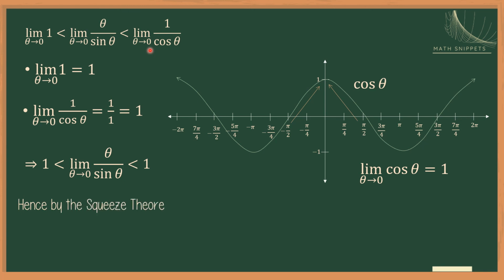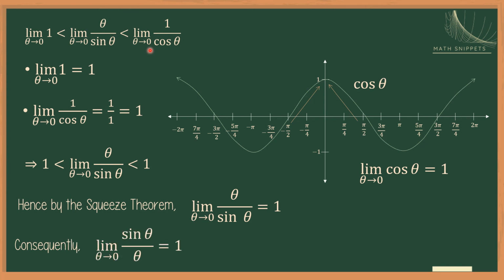So by the squeeze theorem, we say that the limit of theta over sine theta as theta approaches 0 is equal to 1. If you take the reciprocal, since the limit of this is 1, the limit of its reciprocal is 1.